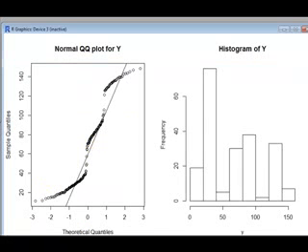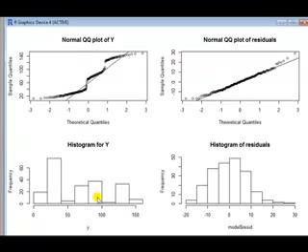Now let's regress y on the x. Right, so here's my third picture. I regress y on the x, and in the left column are the plots for y, my dependent variable, produced from earlier, just showing you that it's not normal. Now look on the right column, at the normal QQ plot of the residuals from regressing y on x.